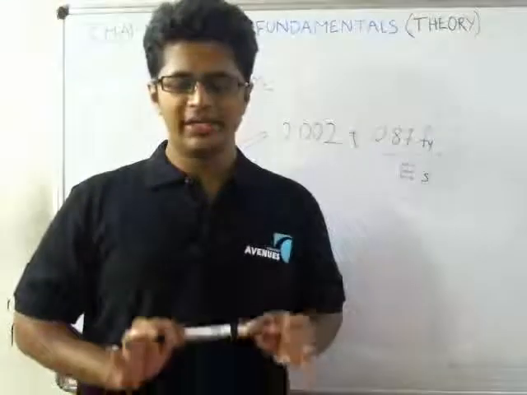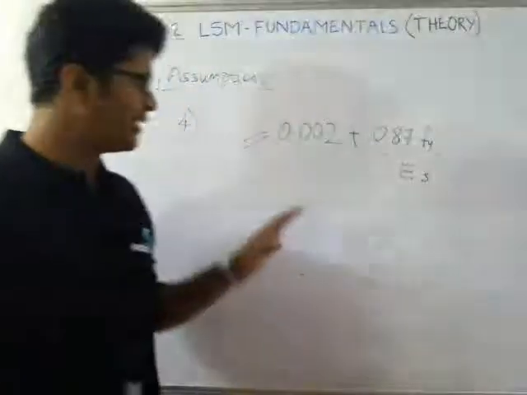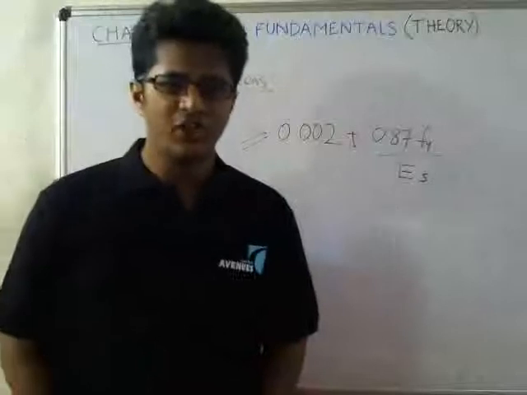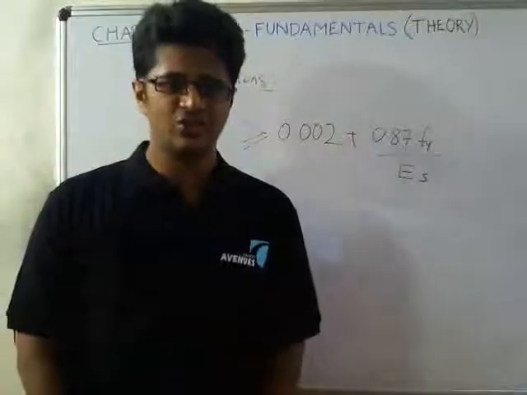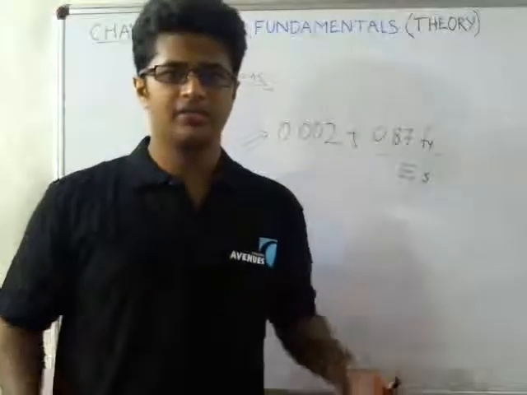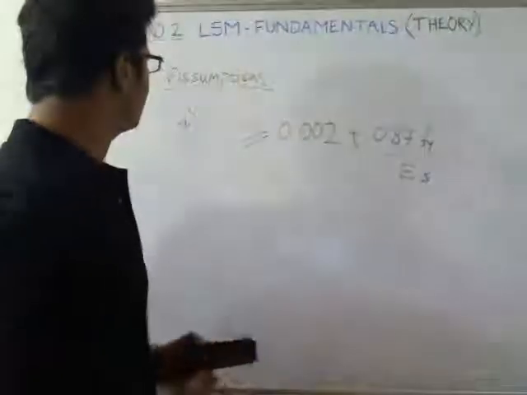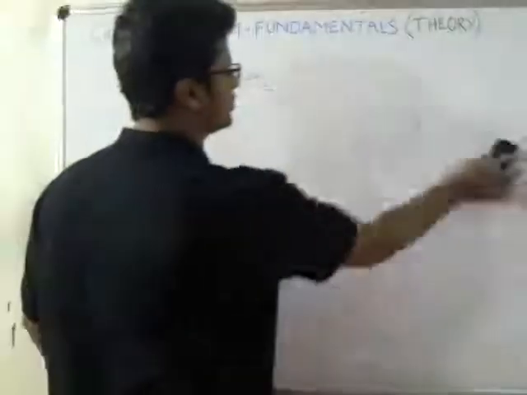The whole and sole reason for assuming this expression as the maximum value of strain in steel is the gradual failure of steel. Gradual means slowly, not sudden. So this was the fourth assumption in LSM, the limit state method.